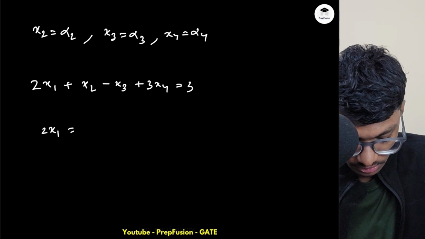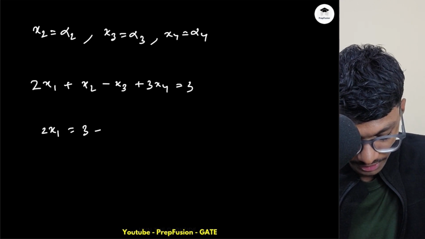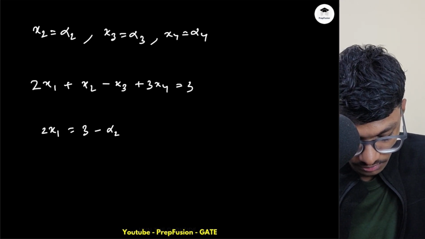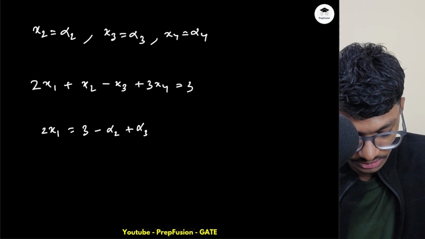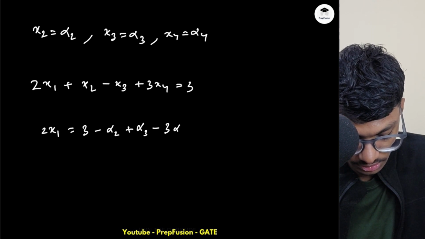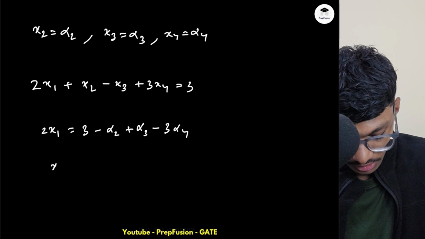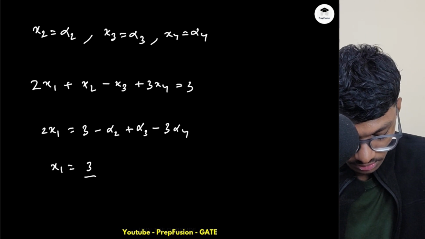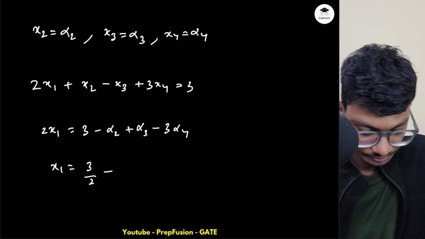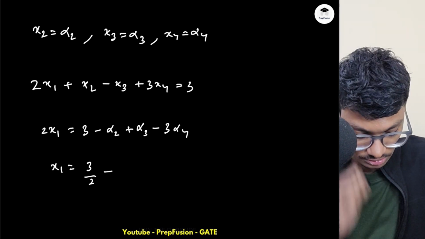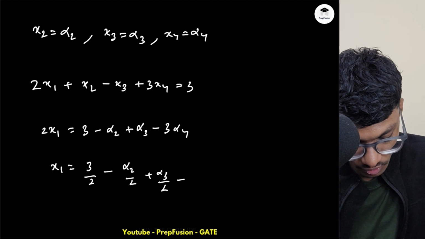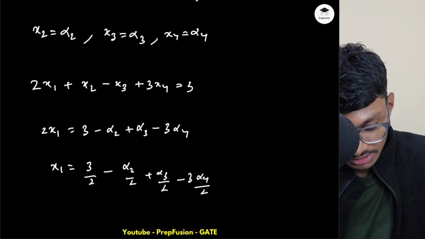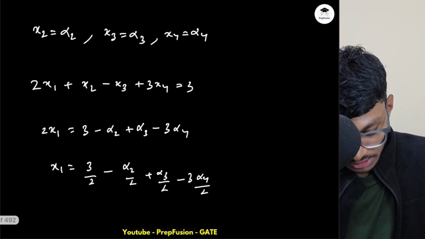So x1 equals 3 minus x2, which is alpha 2, plus x3, which is alpha 3, and minus 3x4, so minus 3 alpha 4. And x1 equals 3 by 2 minus alpha 2 by 2 plus alpha 3 by 2 minus 3 alpha 4 by 2. So this x1 I can write in terms of the other 3 variables.